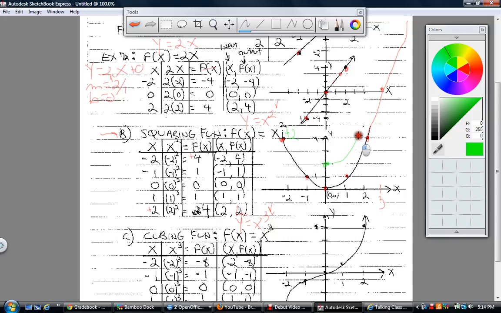I'm just trying to show you the shortcuts here. We're going to be doing more of these in chapter 9. What if I asked you to graph y equals x squared minus 2? The parent graph is going to get shifted 2 units down, and the whole parent graph is going to go like this. My graphs are a little shaky looking there.